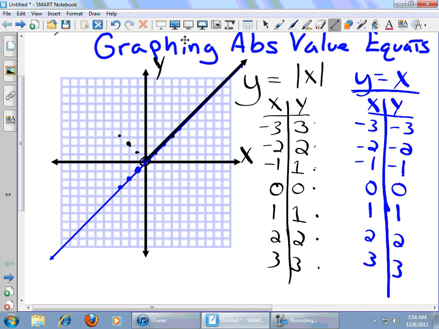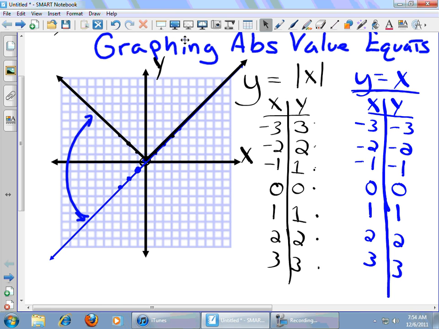It's going to look like this. Yeah, and it'll actually be a V. The absolute value causes this blue part of the line here to shift up. It looks like a 90-degree angle, as a matter of fact. So it kind of takes the line and breaks it up.